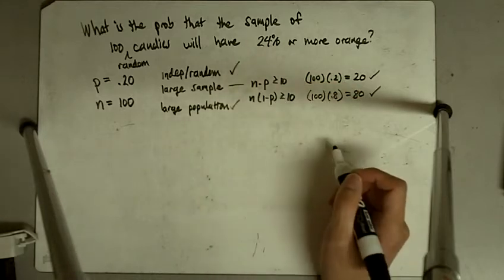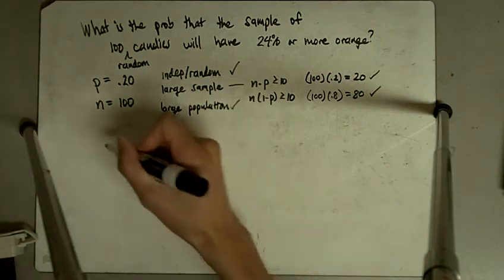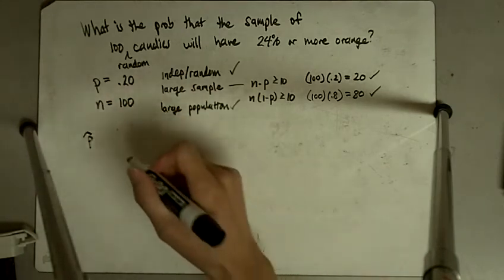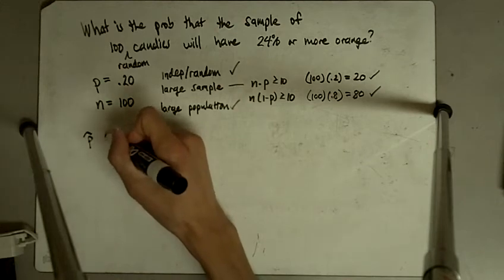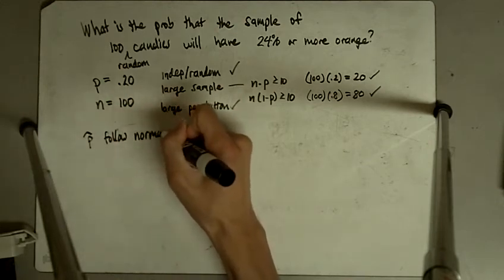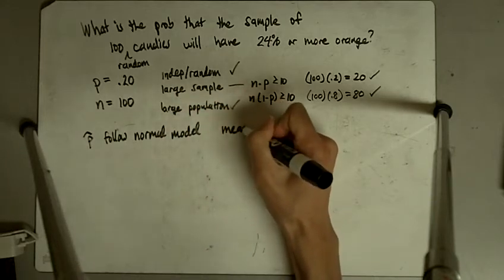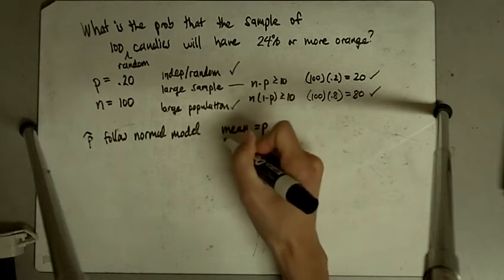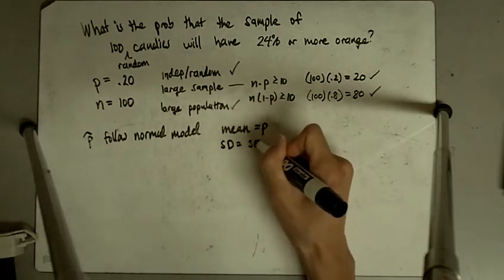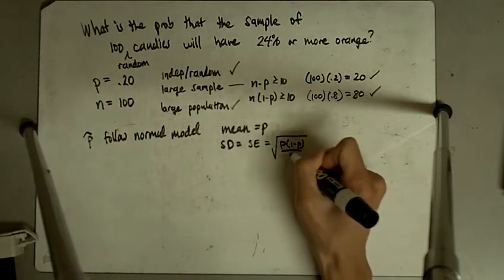Alright, so when all of these things check out, we can use the normal model. So we know that every time we take samples, p hats will follow a normal model. The mean of this normal model is p, and the standard deviation is the standard error, which is the square root of p times 1 minus p over n.